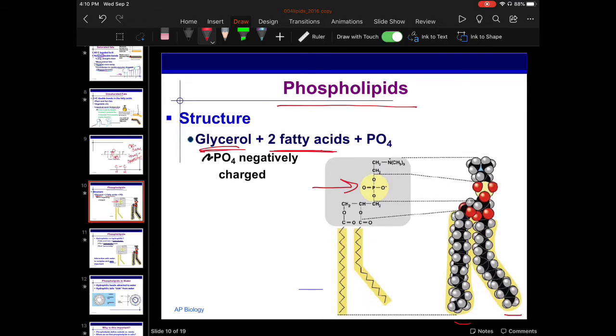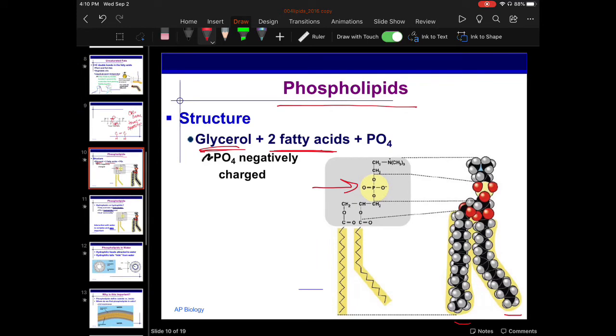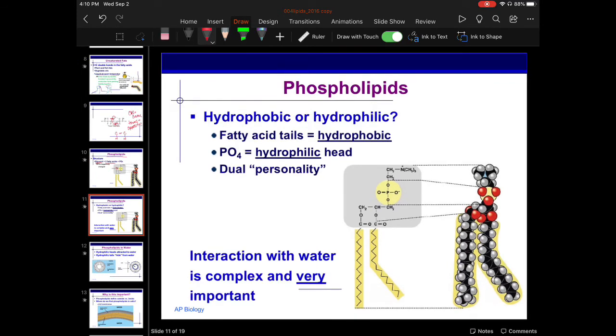Okay, now we're going to take a look here at how these different things affect. So let's look here. All right, so we have this guy here that has a slightly negative charge because of that phosphate group. You have this part down here that we already talked about is nonpolar because it has the carbons and they're all filled with hydrogen, they're all happy, there's no polarity there.